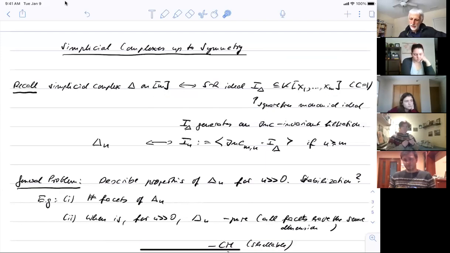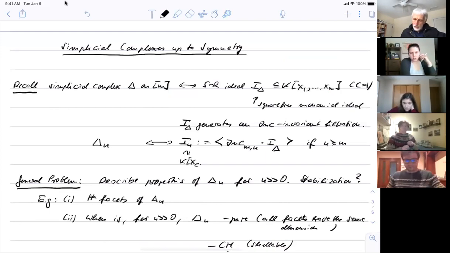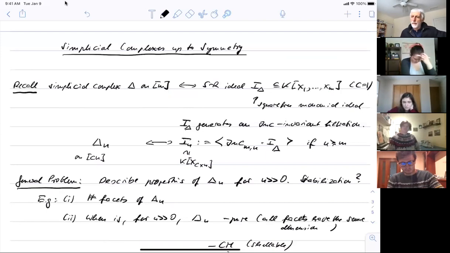And so in general, this would be in K[x_{C n}], and so that would be a simplicial complex on a vertex set with Cn points.